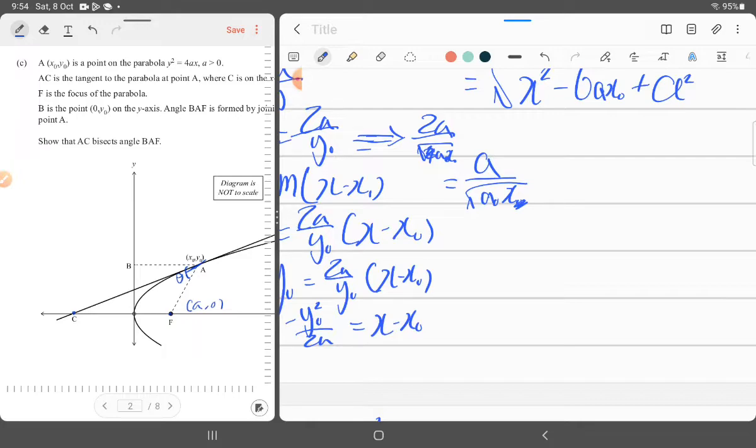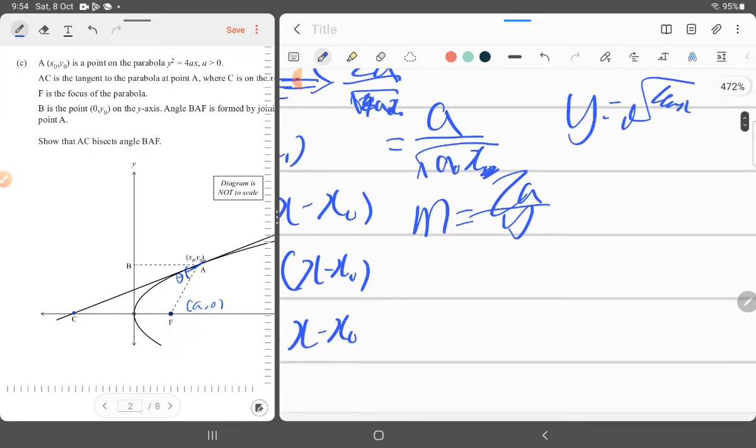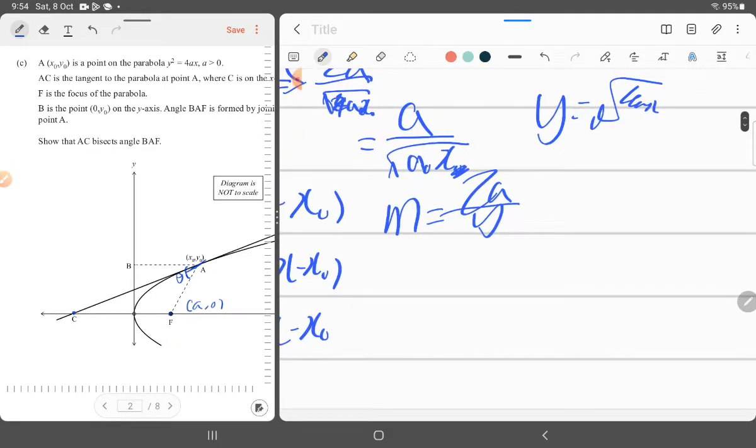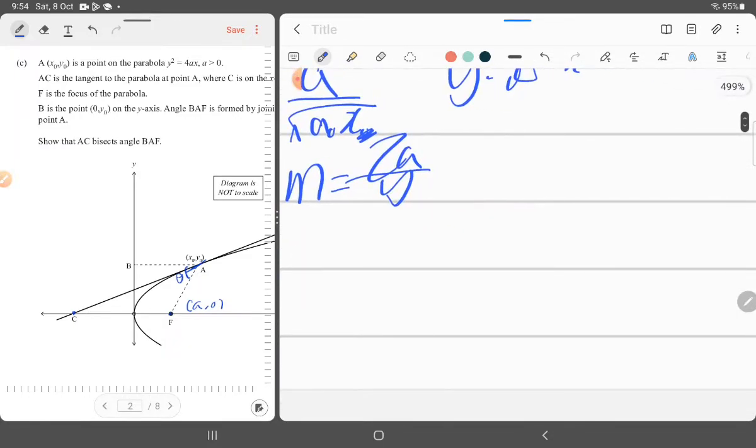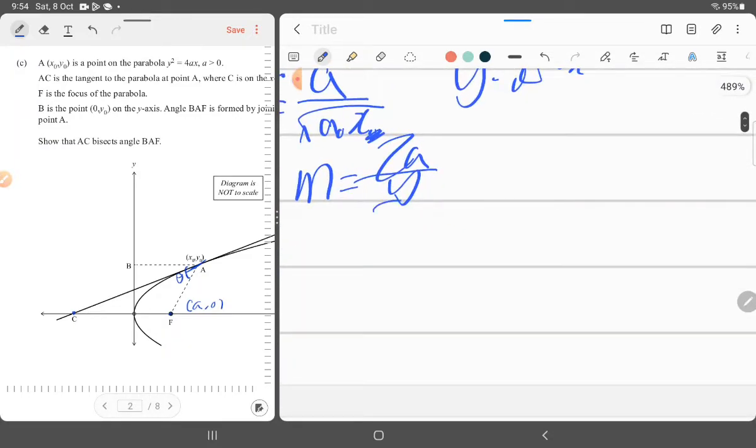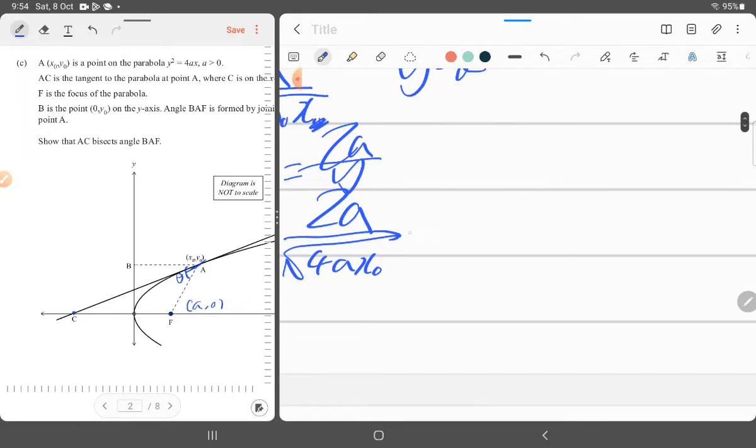Right, so gradient is equal to a for y, then y is equal to the square root of 4ax. Then 2a over the square root of 4a x0.